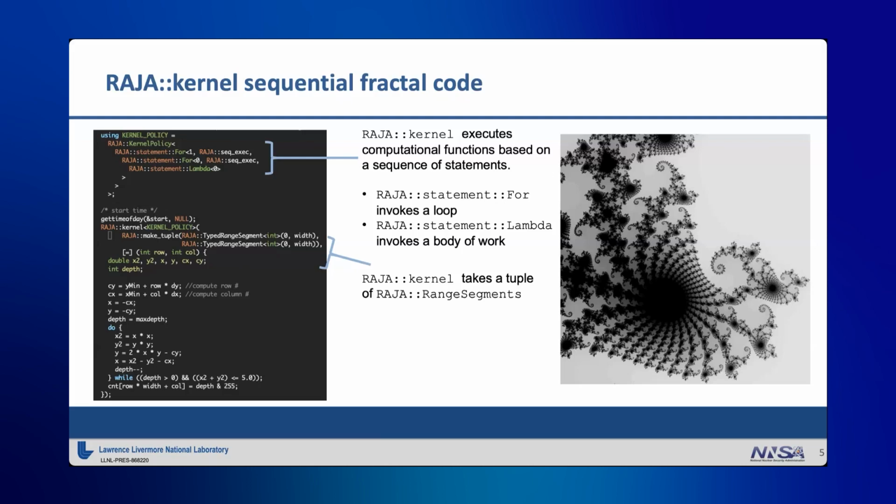Here we have the for statement that emulates a for loop. And then Lambda, as I mentioned, invokes a body of work. The actual kernel API takes a tuple of RAJA range segments, which mirrors the bounds of the for loops. And then you have the loop body that looks exactly the same.